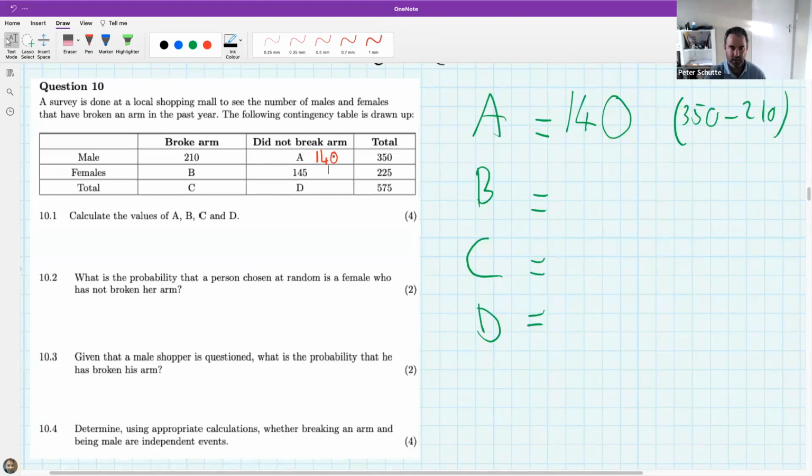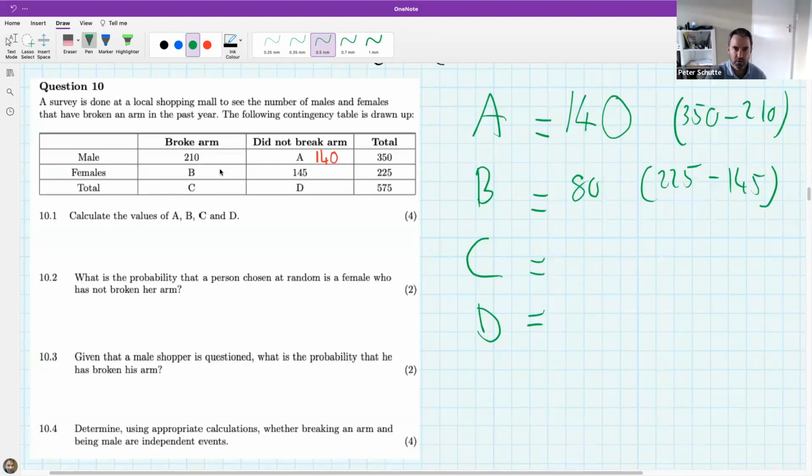Keep those answers coming. Okay, we've got A and B, but now how do we get C?